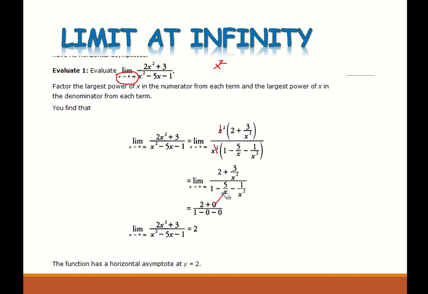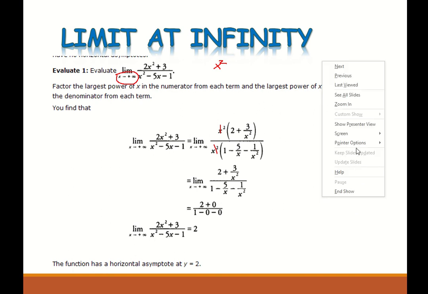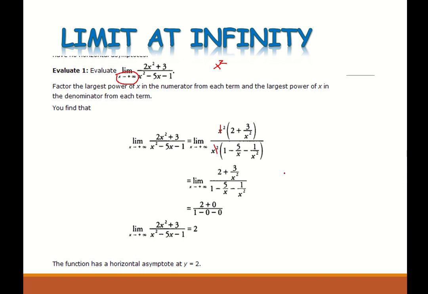Now after substitution, you have 2 plus 0 over 1 minus 0 minus 0. So when you evaluate this, it is equal to 2. So this is our limit.